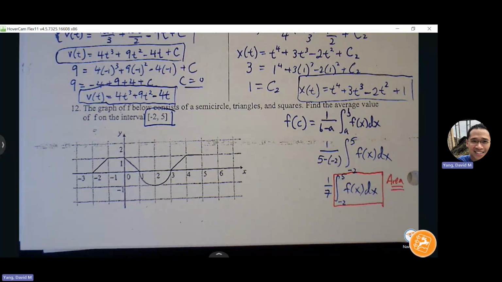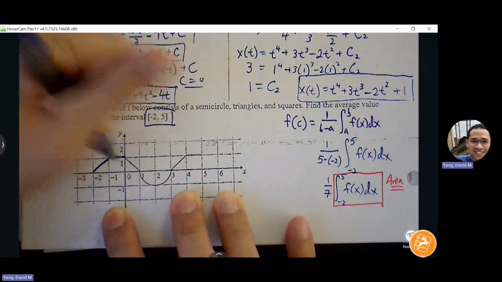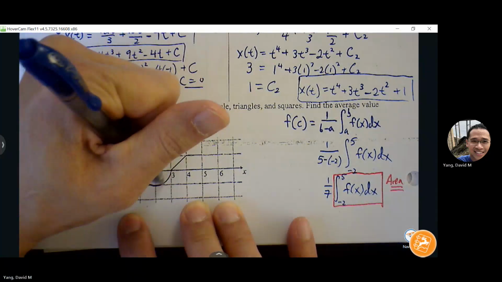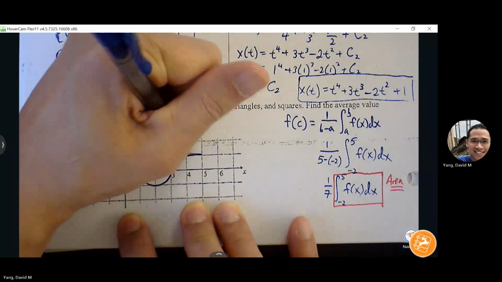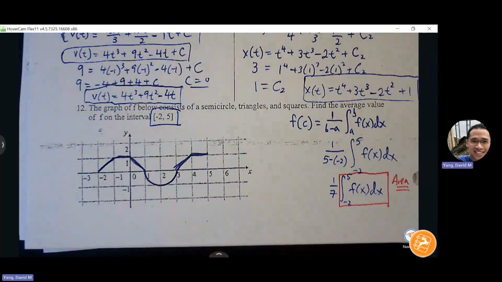All right, let me highlight the graph here. So we got the graph looking like this. And I'm going to shade in what's between the graph and the x-axis. That's the only part we care about. If there are other shapes that you see, that's not part of our graph.